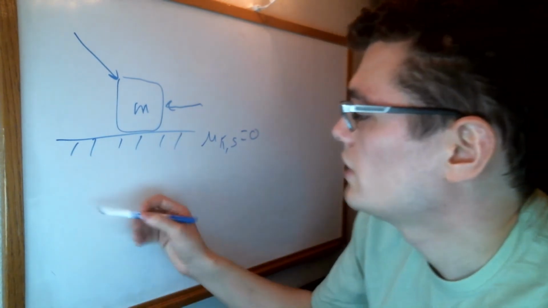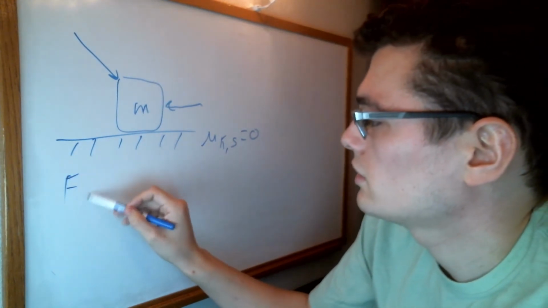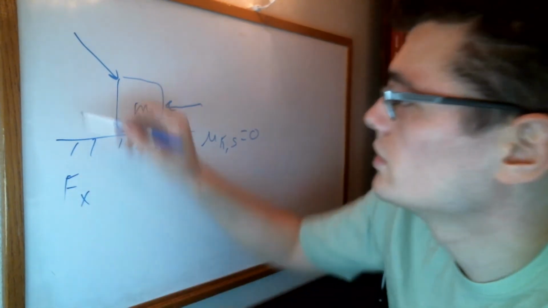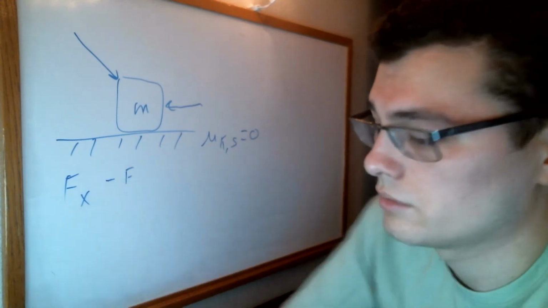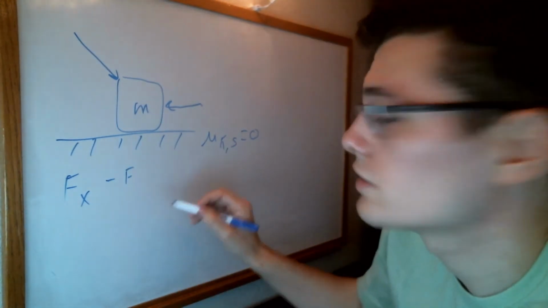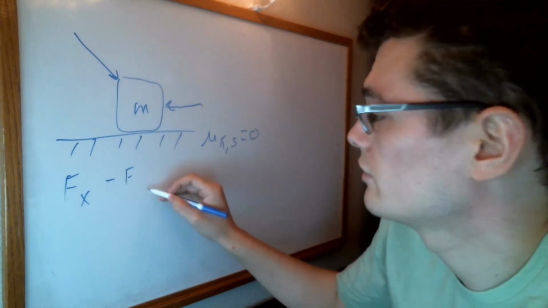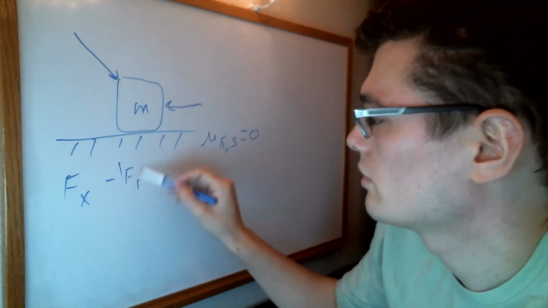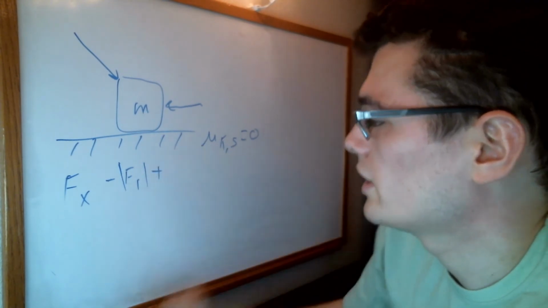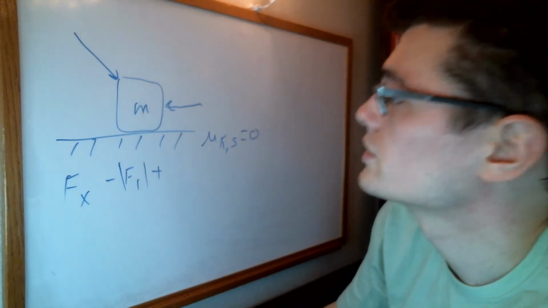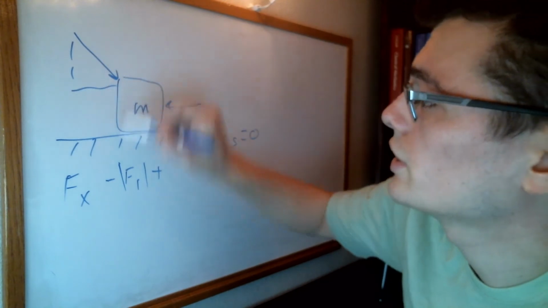So now Fx is going to be equal to negative, which one is this? This is negative F1, or the magnitude of F1. And then plus, we can draw a little triangle here.